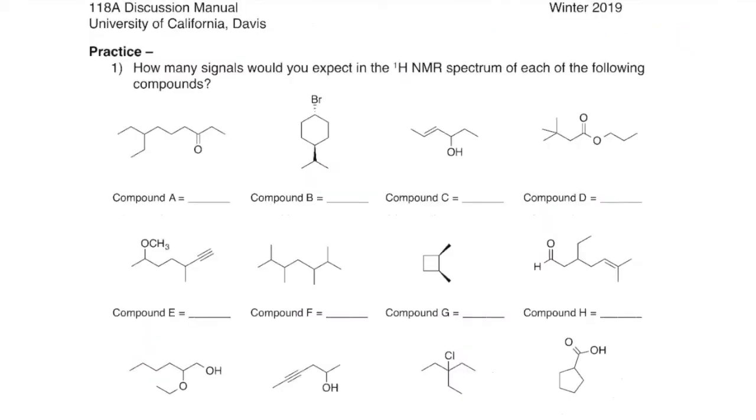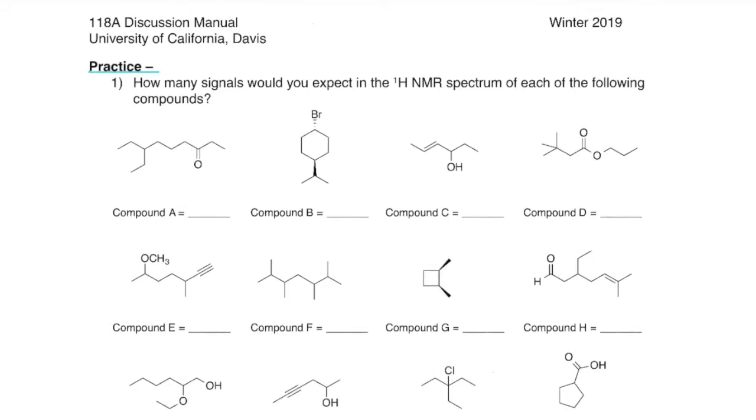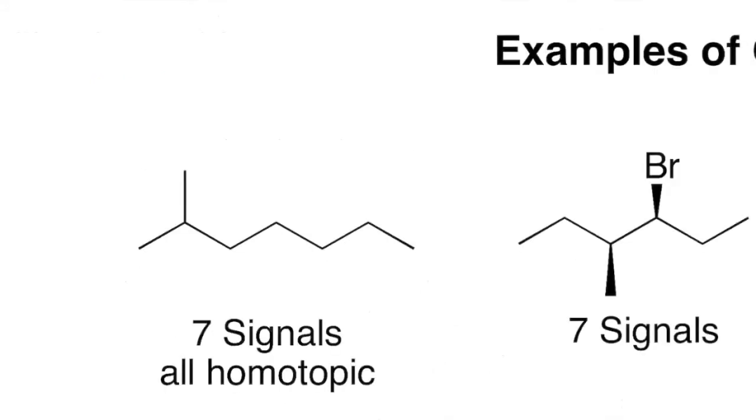A quick look at the practice, which is usually our expectation: how many signals would you expect to see? The way to do that is, here there are 3 hydrogens bonded to that carbon. Hydrogens bonded to the same carbon usually have the same peak.